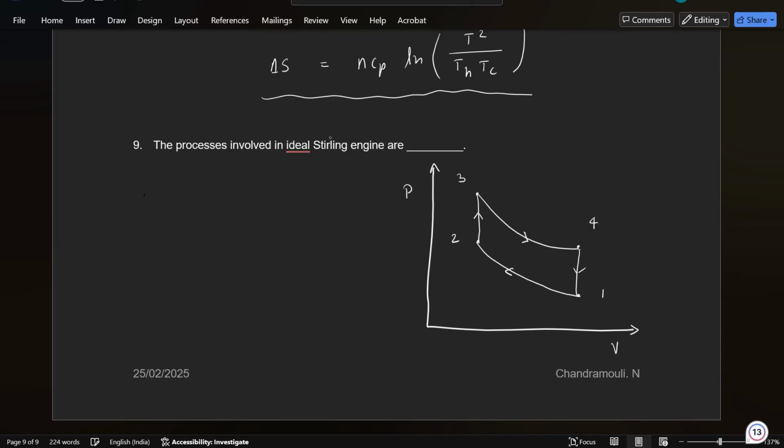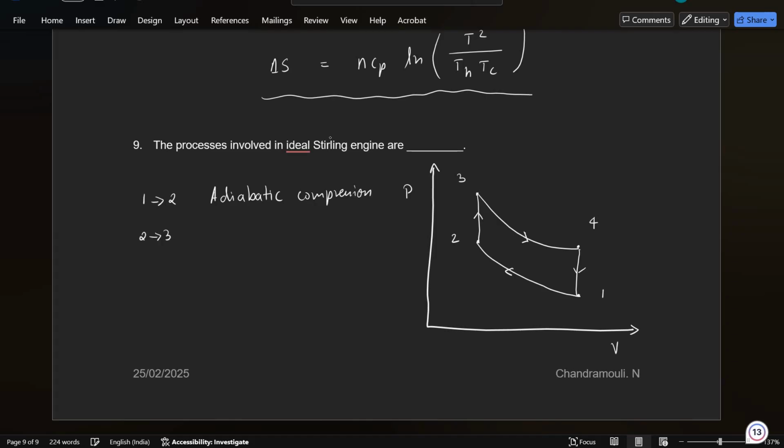Just say the step. The first step is adiabatic compression. Yes, this is a Stirling engine, an ideal Stirling engine.